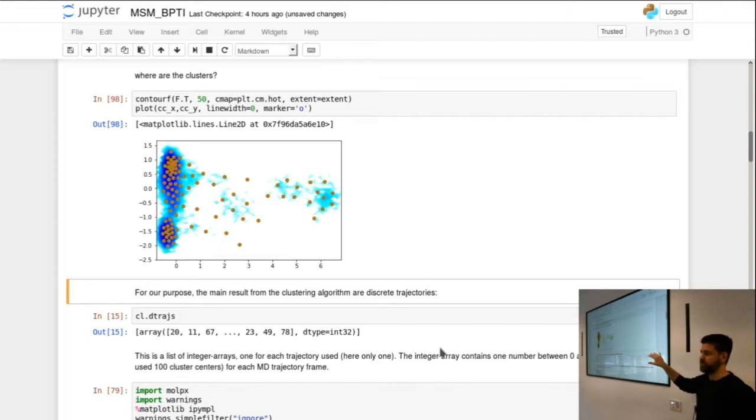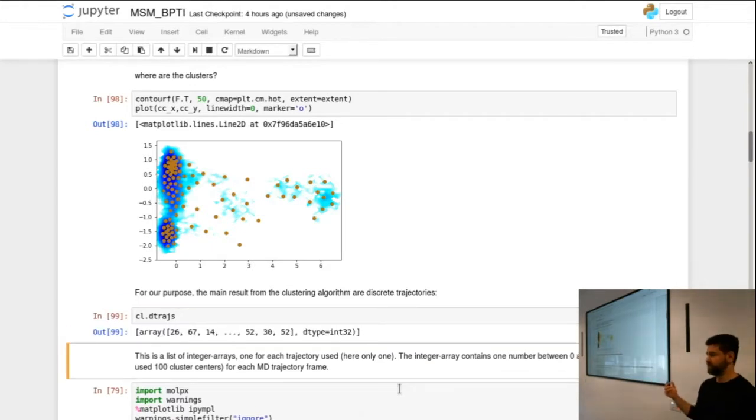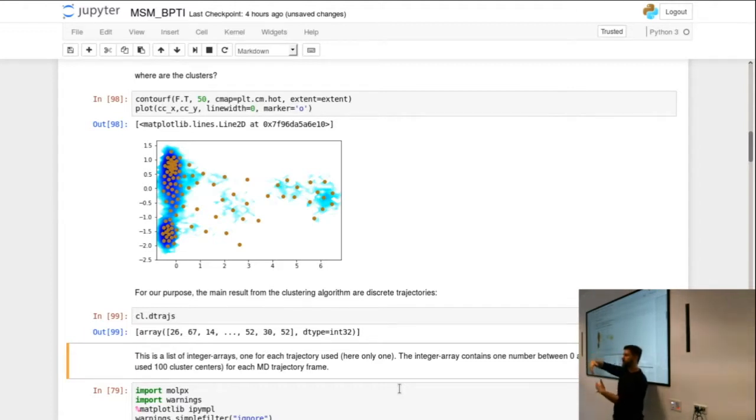That is a feature of the clustering algorithm. And from this moment on, my trajectory is just a series of indices telling me where in space my molecular system is. The nice thing about these indices is that I can use them to construct a matrix of how many times did I visit state 67 before visiting 26 and so forth.